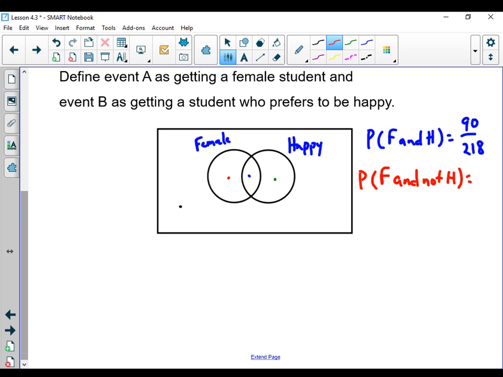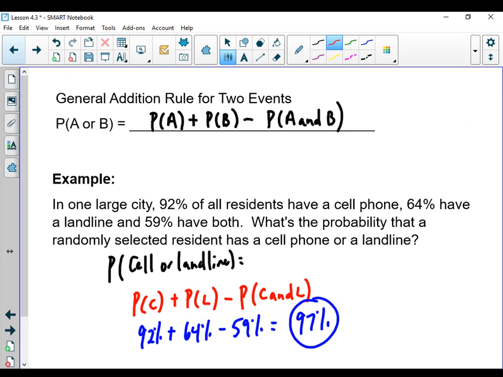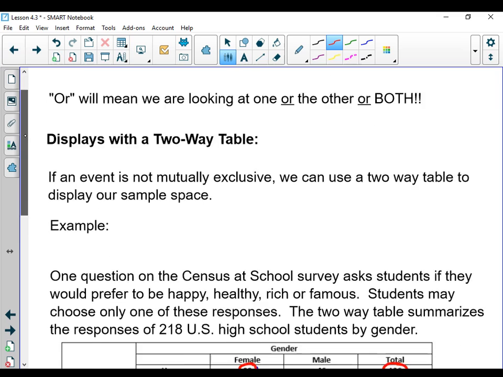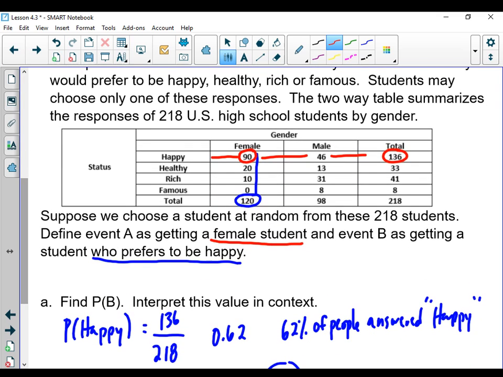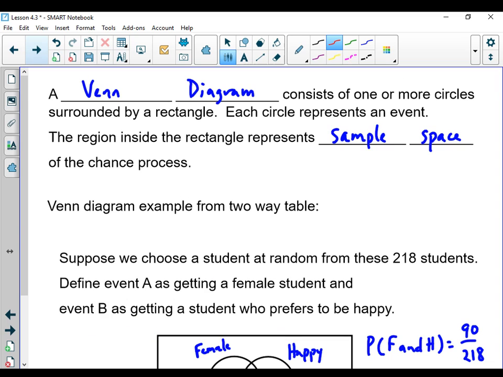So let's look at our table and see if we can figure that out. So our female that were not happy, I'm going to erase all this here. So I'm only looking at the female data, and I'm adding up the ones who were not happy. So the not happy would have been 30 out of 218.